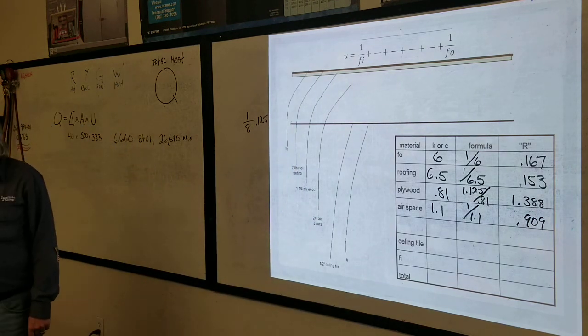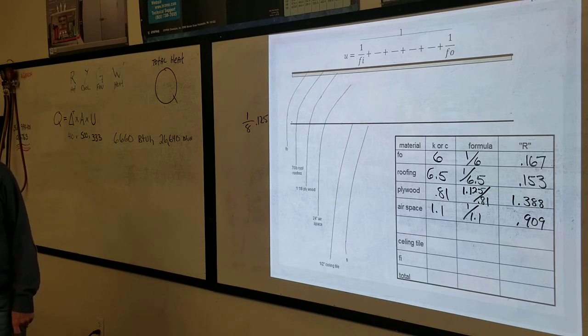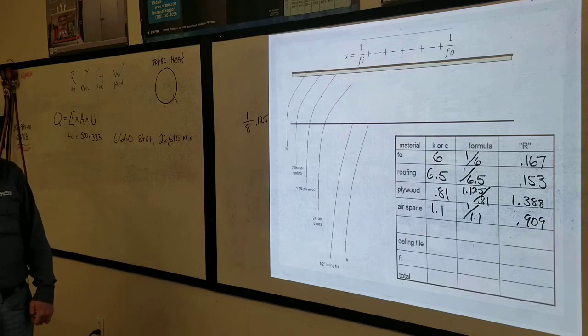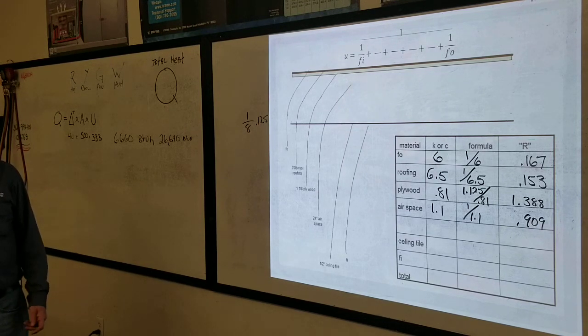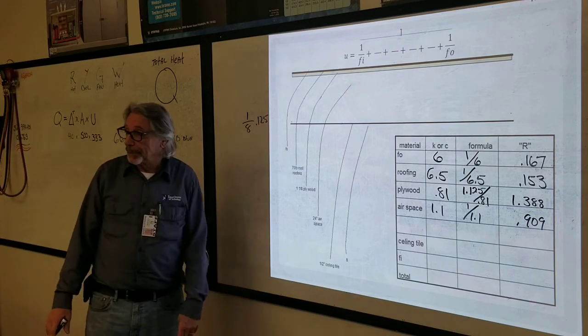Airspace is always the same unless it's less than 3/4 of an inch. That's when it changes. Is that more than 3/4 of an inch? Absolutely. That's really pretty simple.